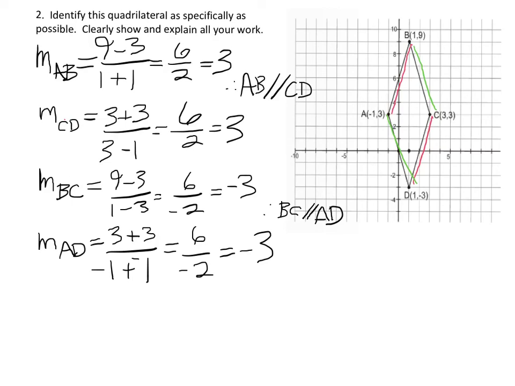So when I look at this, I see that this diagonal is horizontal. The slope is 0. And then if I go do this diagonal, I see the slope is undefined. So I see that these diagonals are perpendicular. And I know that for a rectangle, those diagonals will not be perpendicular, so it must be a rhombus.